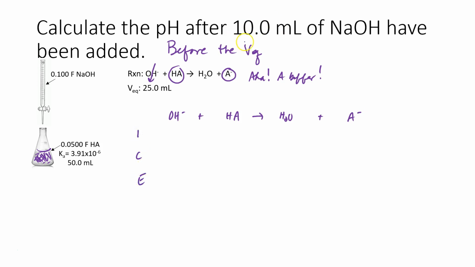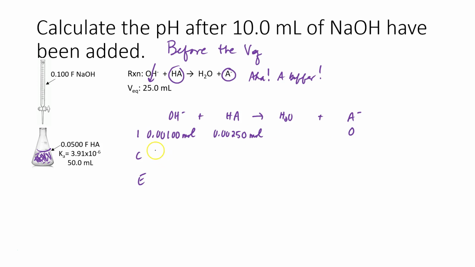I'm going to make an ice table in order to figure out how many moles of HA and A- I have after adding 10 mL of sodium hydroxide. Initially, if we add 10 mL of 0.1 molar, that would be 0.00100 moles of OH-. And initially, how many moles of HA are there? Well, you know the concentration, you know the volume. That would be 0.00250 moles. And initially, you don't have any moles of A-.